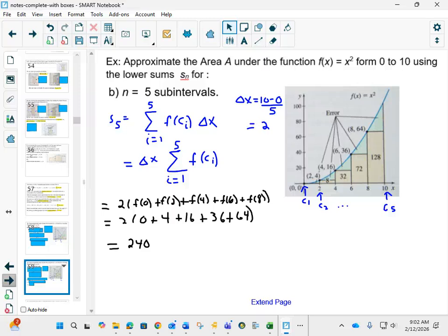And you just add those rectangles, 8, 32, 72, and 128 together.